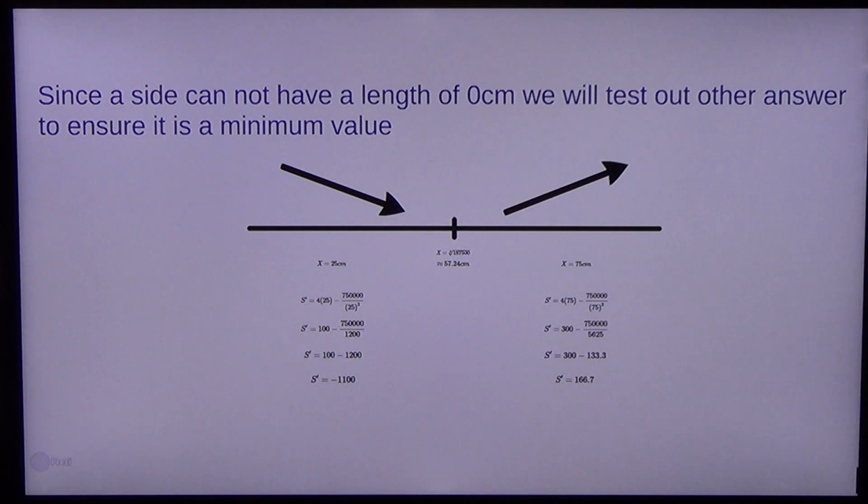Being a positive number, we have a positively sloped arrow, representing the fact that at that point the curve would actually be going back upwards. This represents that at the point of the cubed root of 187,500, there is a minimum. It's a global minimum in this case. It could be a local in another case, but it is a minimum.